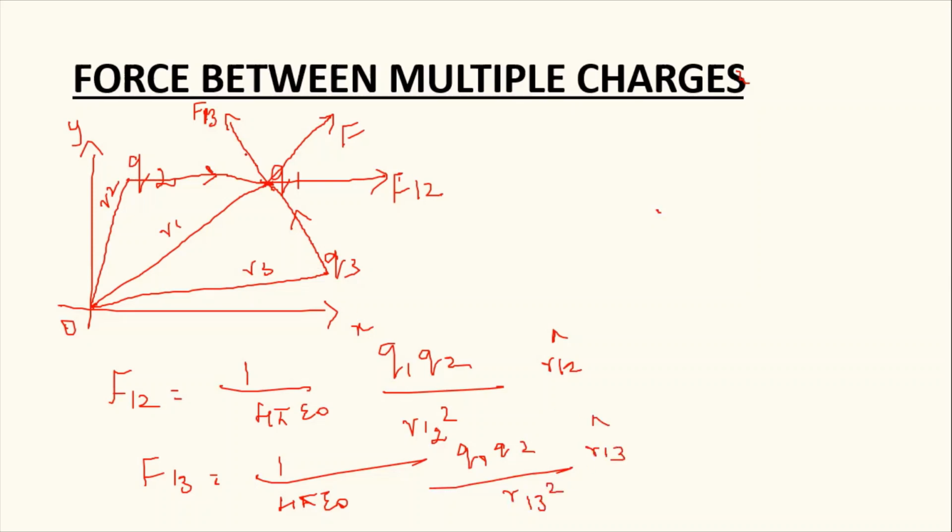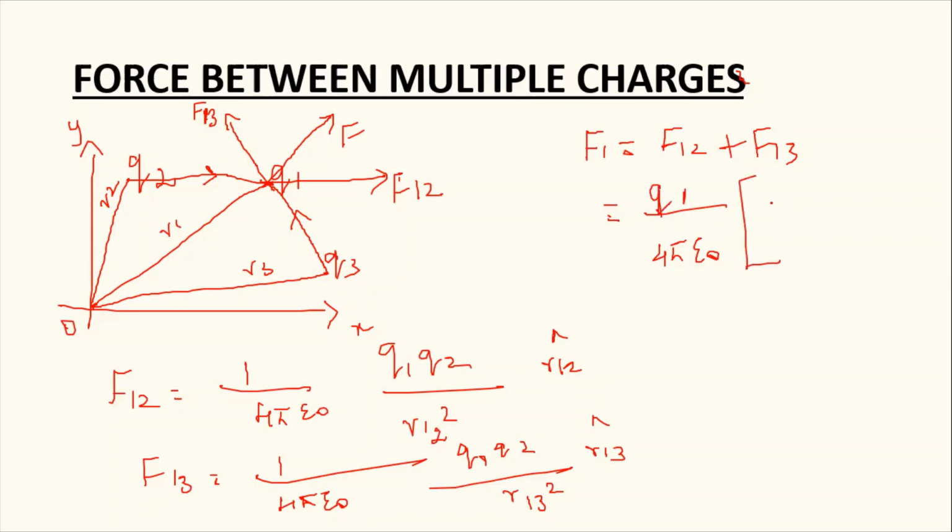Now due to these two charges, when you are calculating the force exerted on charge Q1, F1 will be equal to F12 plus F13. That is, 1 by 4 pi epsilon naught is common, so take it outside from both the equations. Again, if you look very clearly, you can understand that Q1 is common in both cases, so take Q1 outside.